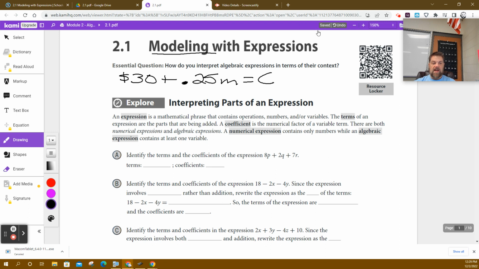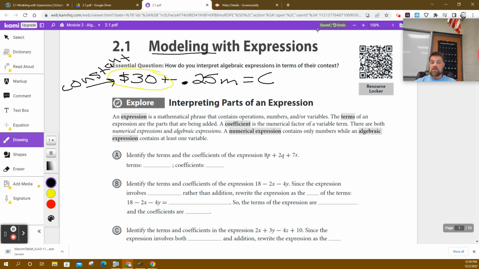A couple of things I want to highlight here before we get started. This right here is basically what we call a constant. And what that means in math terms is that it will always equal 30.